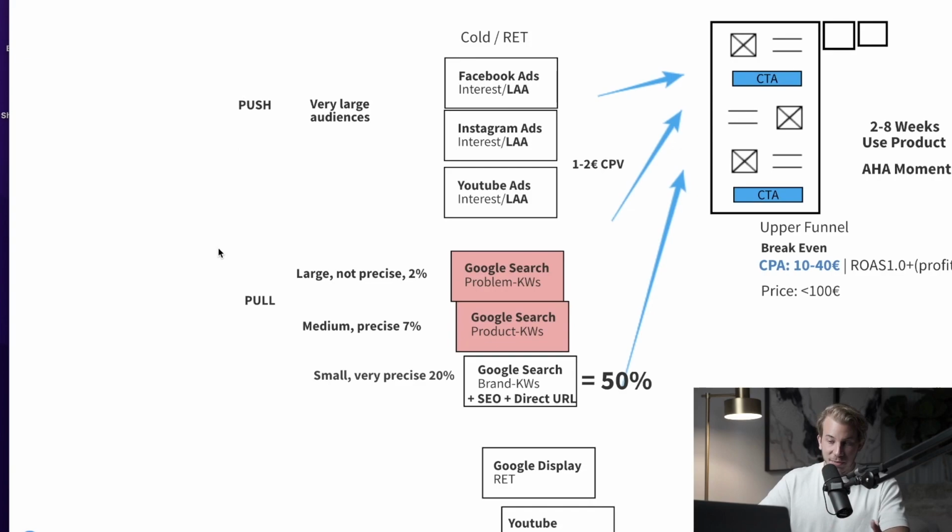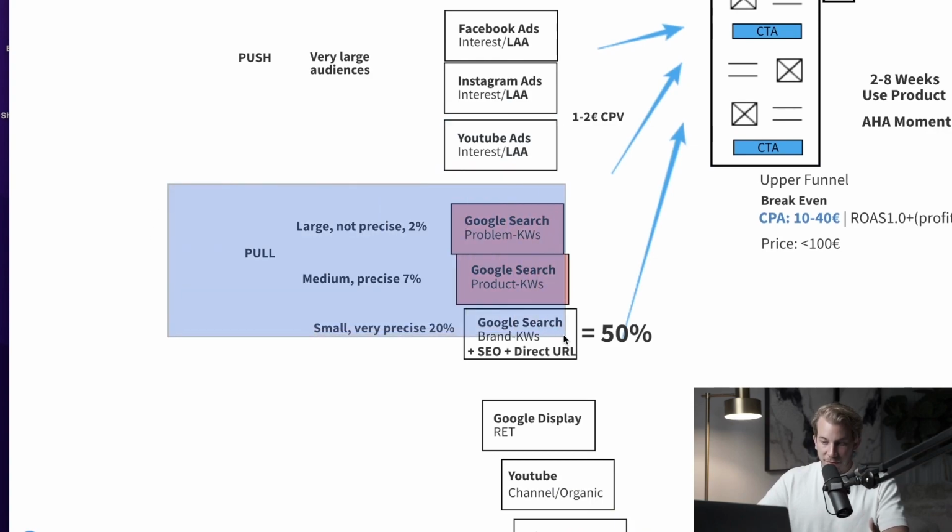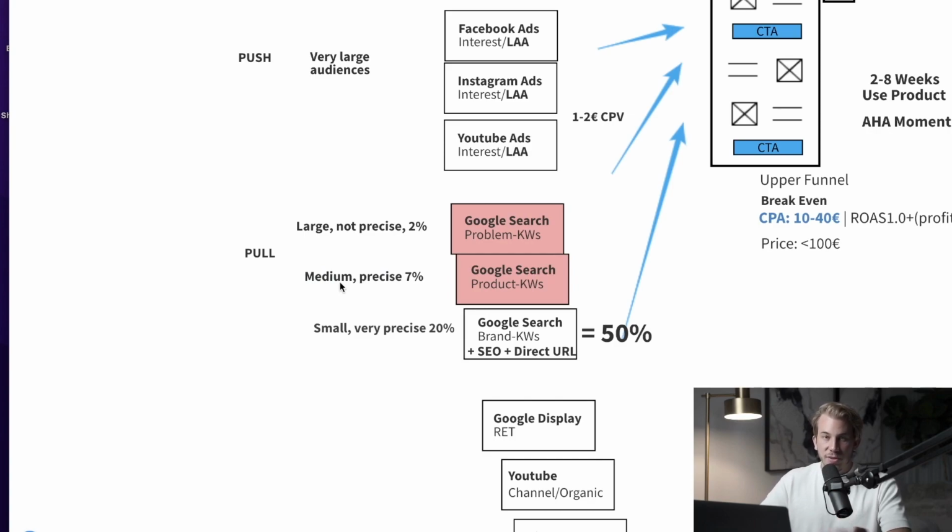YouTube has some placements that are purely push, like the 5-second in-stream ad, but also pull, like for example, feed and discovery, where your videos are shown to people that have typed exactly what you're about in their search bar. So they're actively looking for something. And again, there are different keywords that have more precise pull audiences than others.